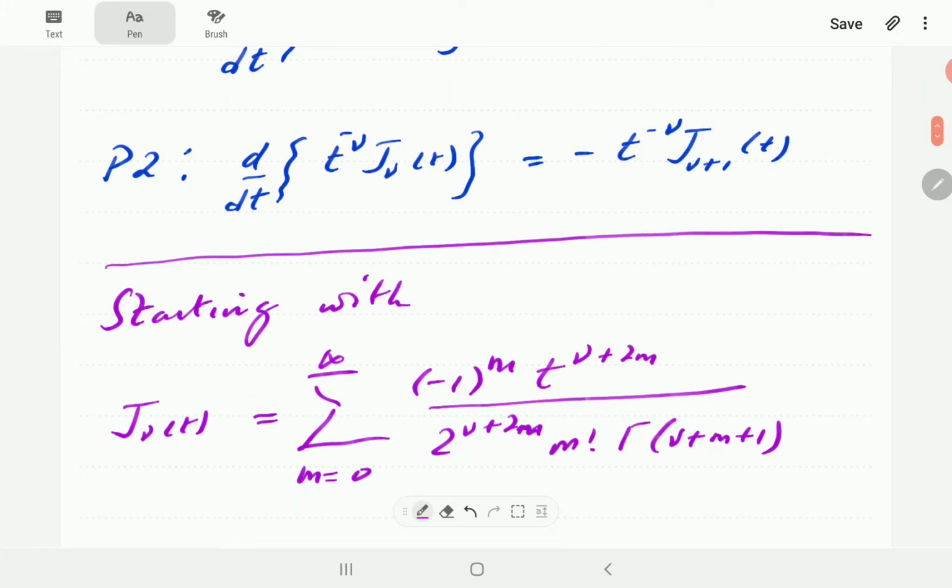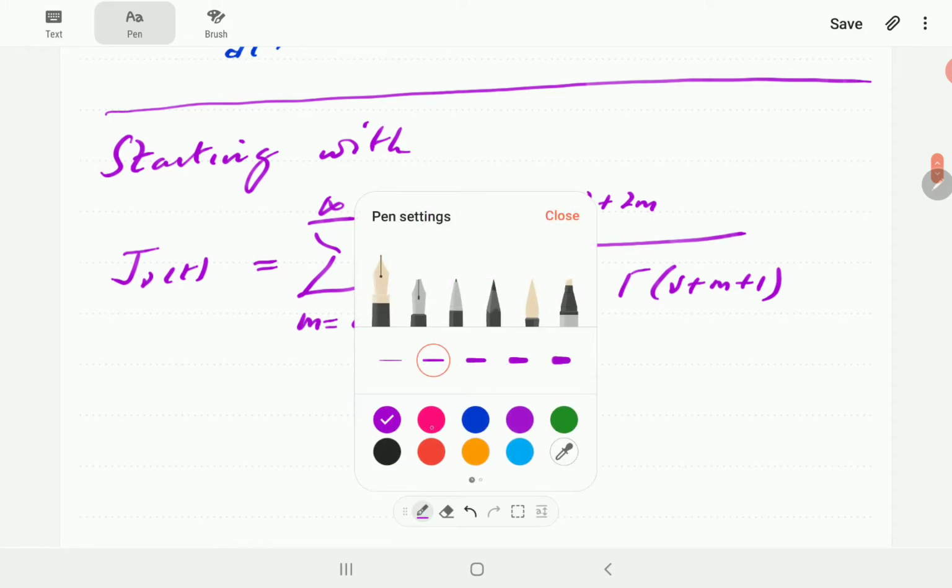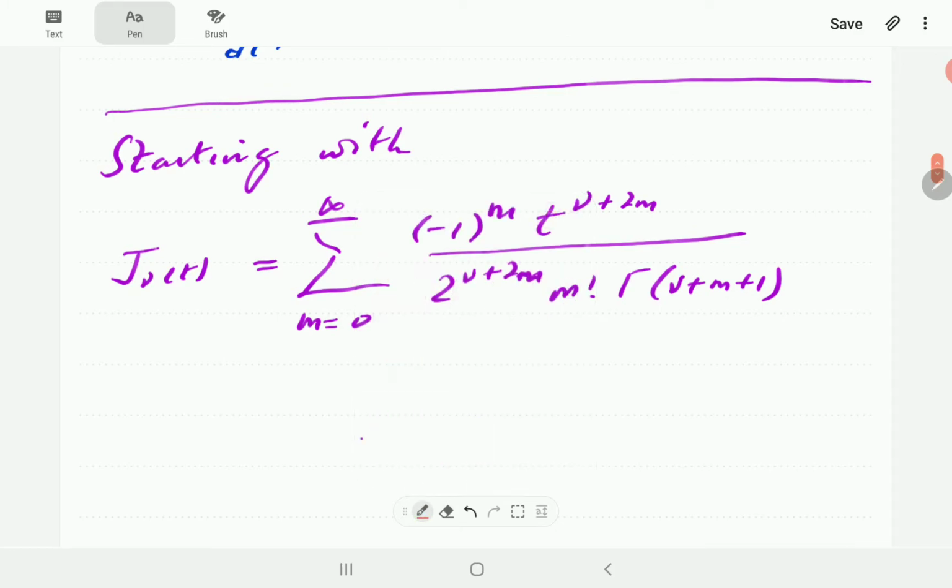So again, starting with the series definition of Bessel functions, we're going to multiply this by t to the power negative nu. Then we're going to have minus nu there.